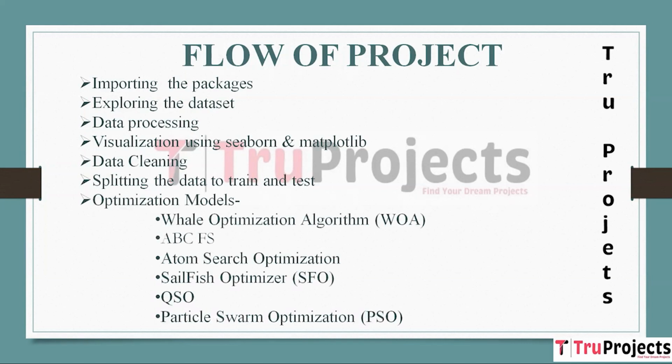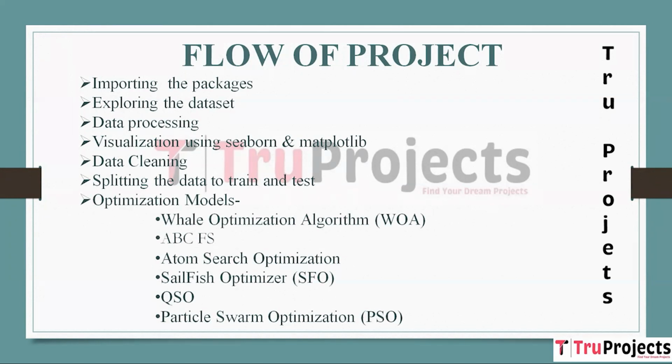Optimization model. The mentioned optimization models are various nature-inspired and meta-heuristic algorithms that can be employed to enhance the efficiency and effectiveness of data mining in the context of assessing satisfaction levels with online learning for higher education students during the COVID-19 pandemic. Whale Optimization Algorithm (WOA).